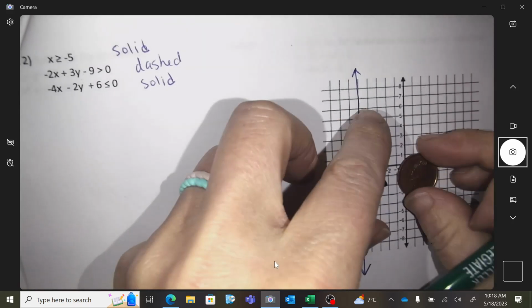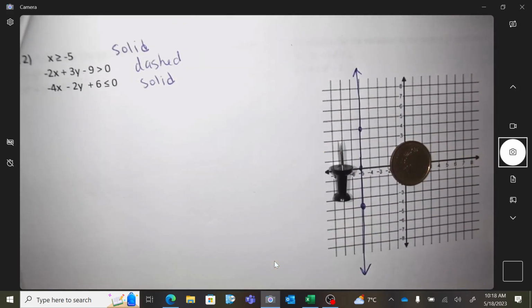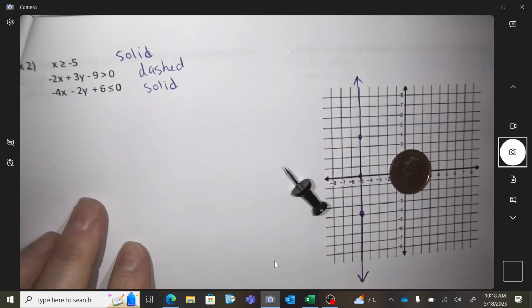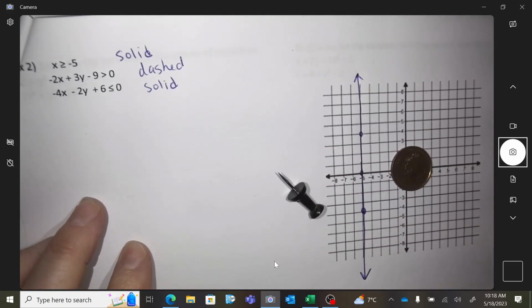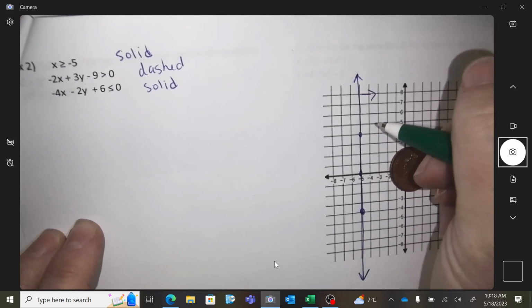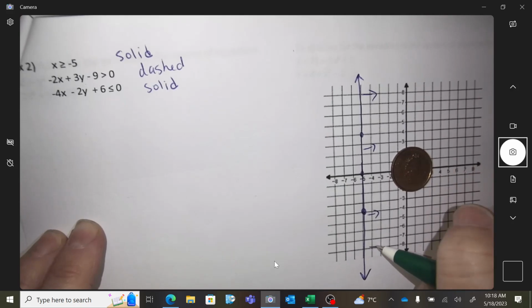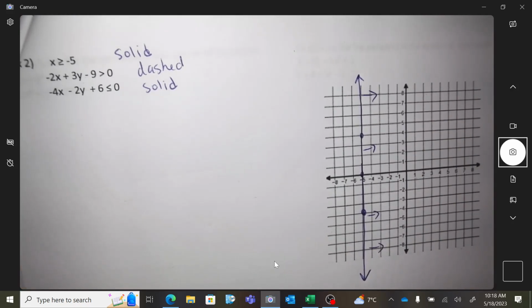Okay, which side of that line would you want to be on? Which direction shows me I would be heading greater than that line? Tack or the penny? The penny side is bigger. You're heading in bigger x values this way. Those x values on that side are bigger, right?